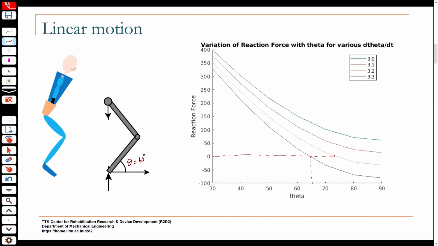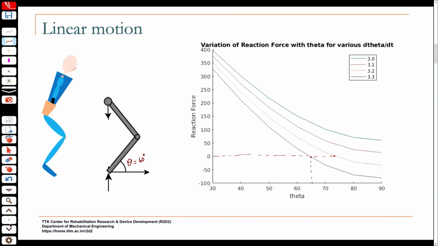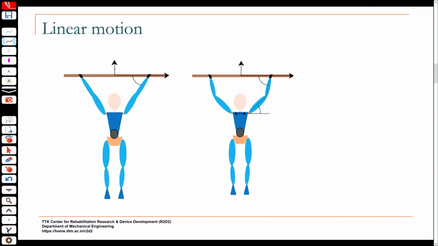At a different d theta by dt, it happens at a different initial condition. I just plotted the various initial conditions to show you what the reaction force looks like. As long as the reaction force is positive, you cannot take off. So, you can use a simple model to do some analysis like this. We will move on to linear motion, we will come back to this one.